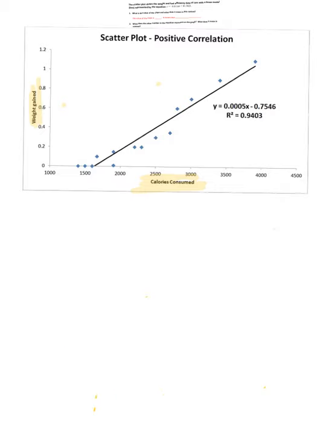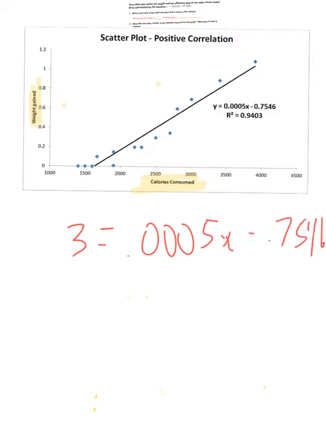Let's talk about the last one. Let's say I wanted to figure out, well, how many calories would I have to consume in order to gain 3 pounds. So in this case, I would plug in the 3 for the y, and then I would solve for it. So the first thing I would do is add 0.7546 to both sides.